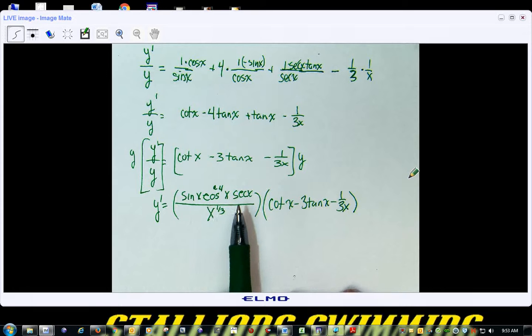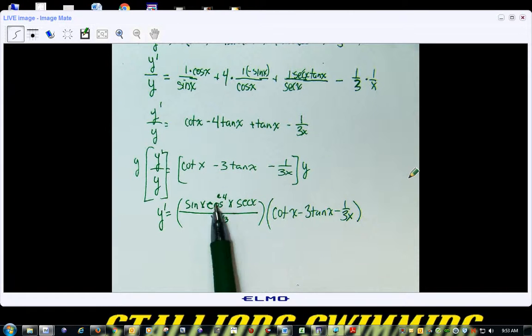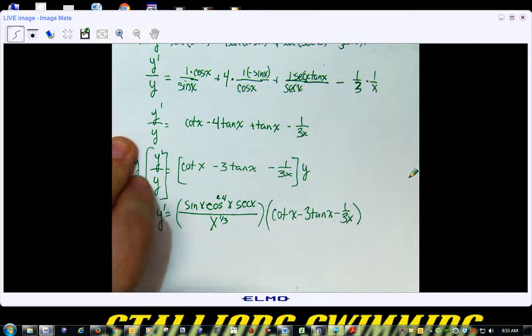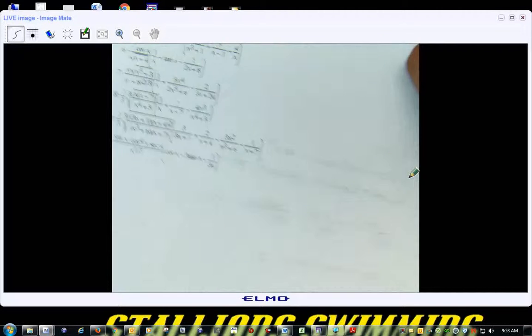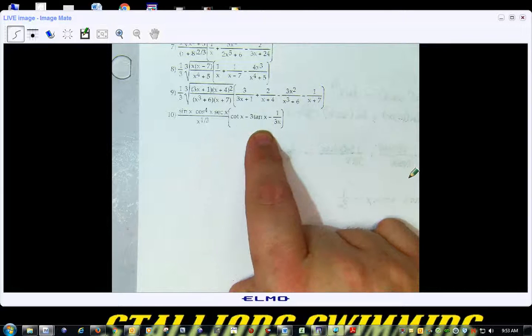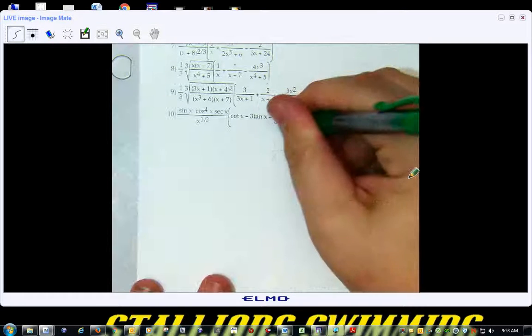And so that was my y, and this is what I got from the differentiation there. So that works out pretty nice for us. Let's take a look. Smiley face. Worked out good for us.